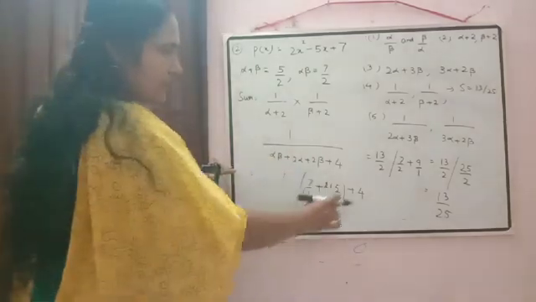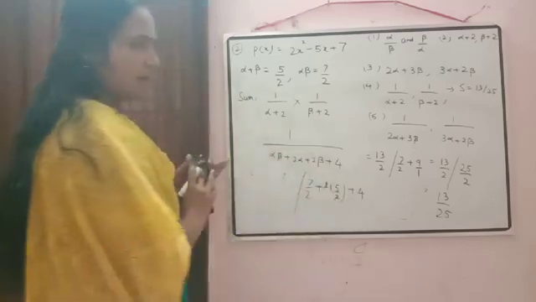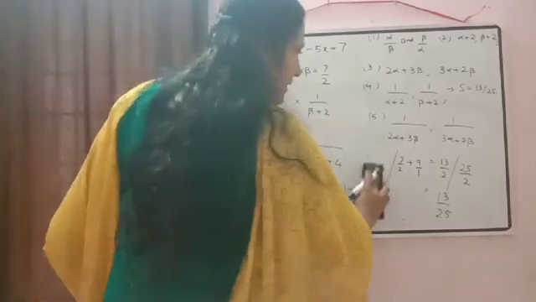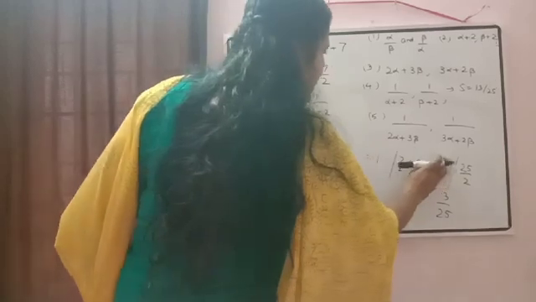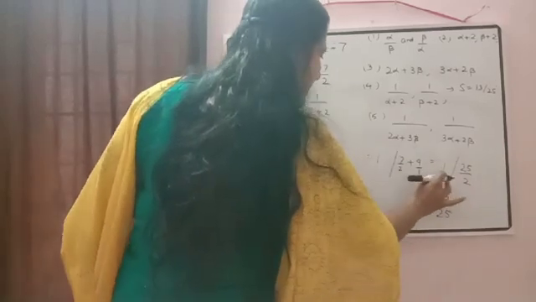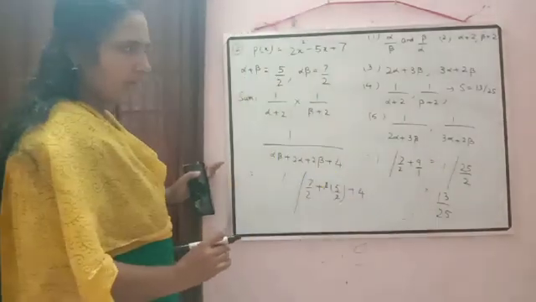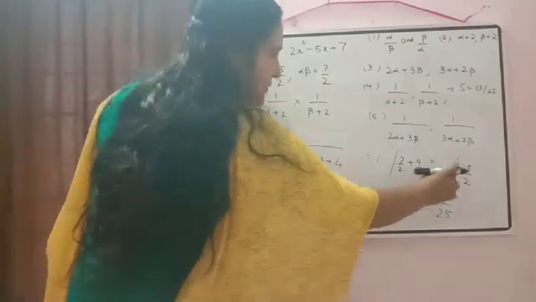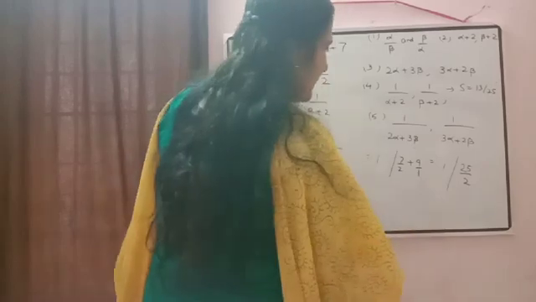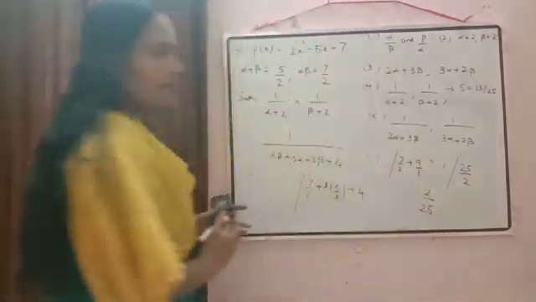The rest all the things will be same in the denominator. Only change will come that our numerator now we have is equal to 1 in place of this 13 by 2. So we are getting here 1 by 25 by 2. Now change the division into multiplication, then it will be equal to 2 by 25.